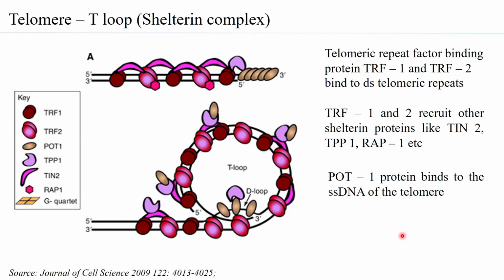It means that the overhang which has TTAGGG, when the entire telomere loops, the overhang which is single strand can invade the upstream double-stranded telomeric region, and on invading it can displace the GT-rich strand but bind to the CA-rich strand.